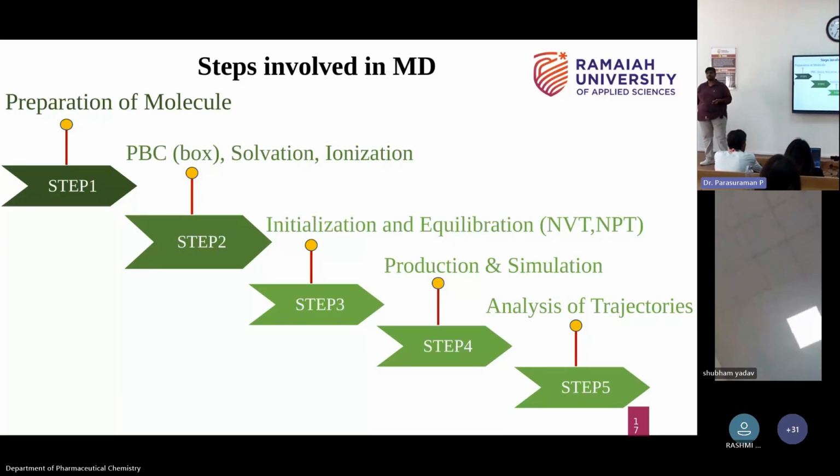After preparing the molecule, we'll be adding the box, that is the periodic boundary condition, and restricting the complex to it. We'll be solvating it, ionizing it, and neutralizing it. We'll be equilibrating it in the presence of ensembles, that is NVT and NPT. Then we'll go for the simulation. Then we'll be analyzing the results, or trajectories, which we get.